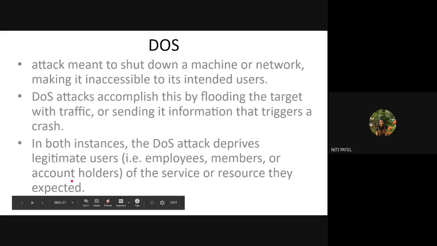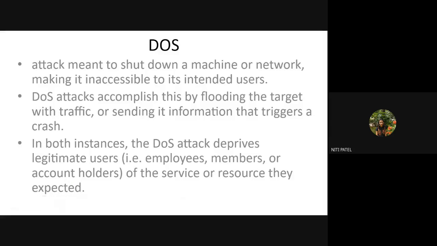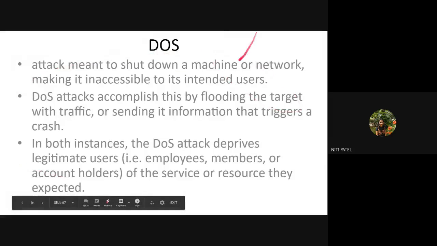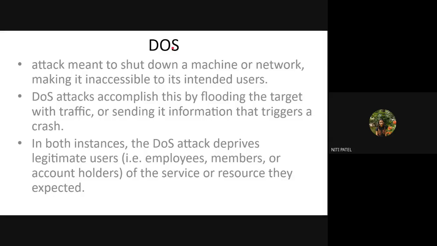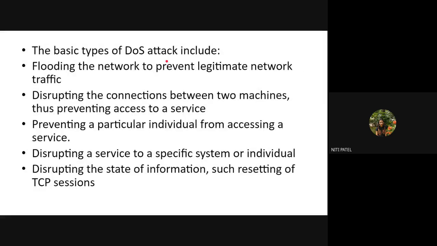So computer 1 had sent a request for a resource, or a request for a service, to computer 2, but in between the attacker introduced DOS, that is a denial of service attack, because of which computer 2 is not able to send the service, nor any kind of resource, to computer 1.